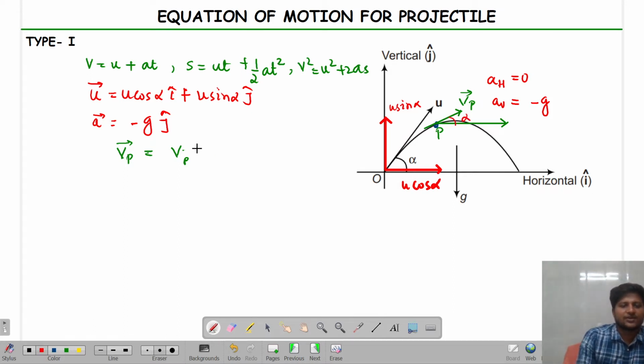I can write this as V of P cos alpha i cap plus V of P sin alpha j cap.